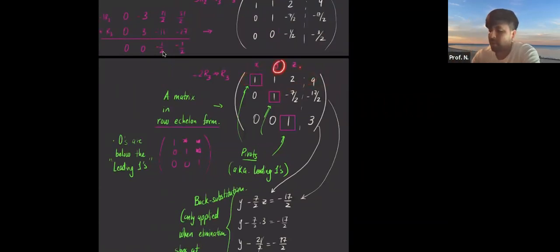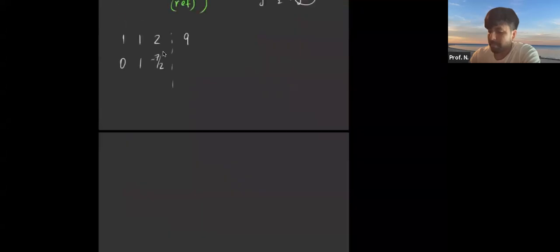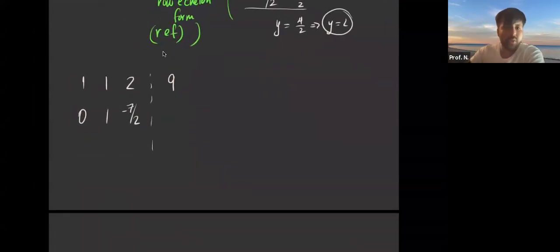You know what y is, you know what z is, then you can solve for x. Or you can just go all the way through this whole process and get the row reduced echelon form. So it's just good to know both ways, and then you can decide which one would suit you better in the example that you're given.